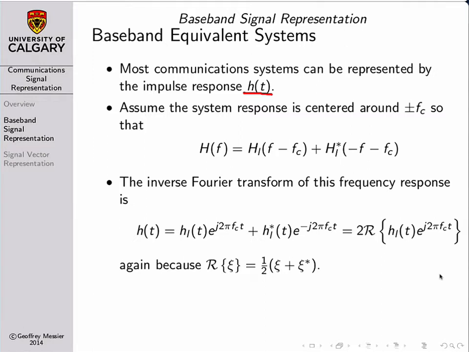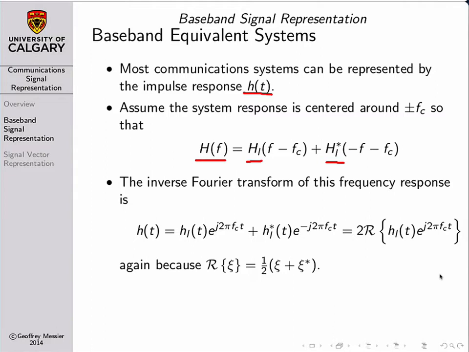So let's start by assuming that our passband system, h of f, has a signal spectrum that is centered around plus or minus fc. And let's just define the system response around plus or minus fc as h of l and h of l conjugate. Again, this response is conjugate symmetric because we assume that the passband system response is real.